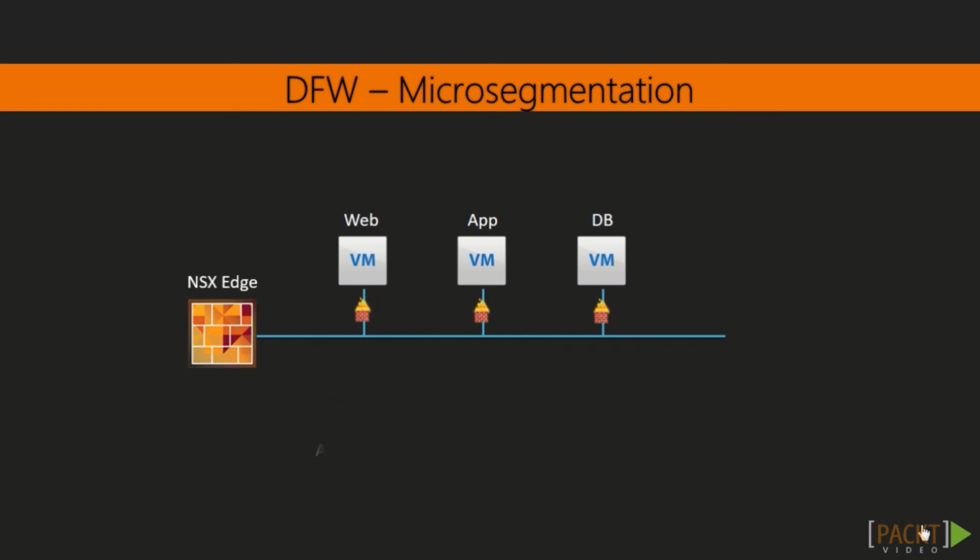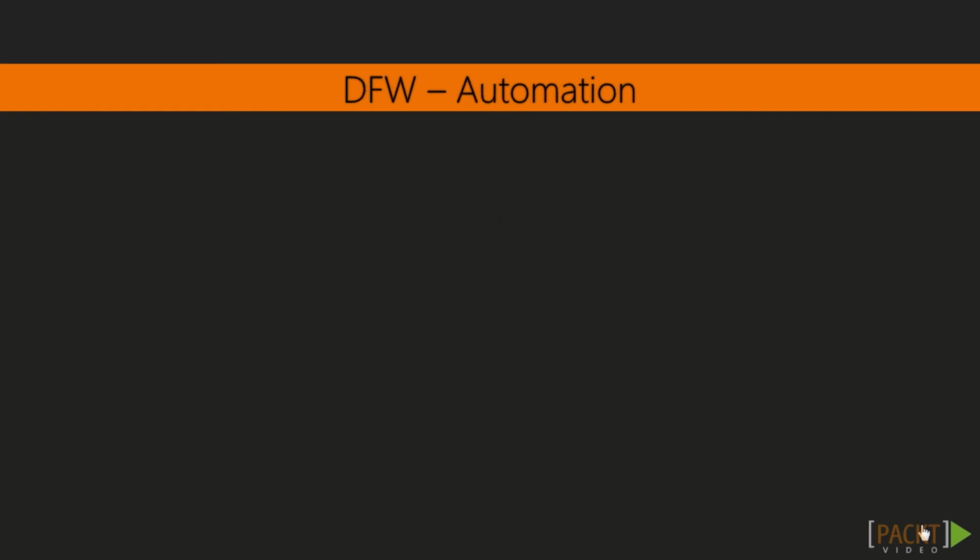And the DFW is responsible for allowing web to application server traffic, and of course allowing traffic flowing from the app to the DB tier. That is microsegmentation, which is really cool within NSX and reduces the need for lots of networks per application. And that leads directly to automation.